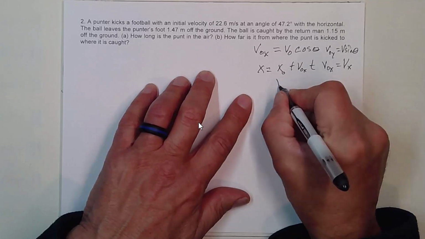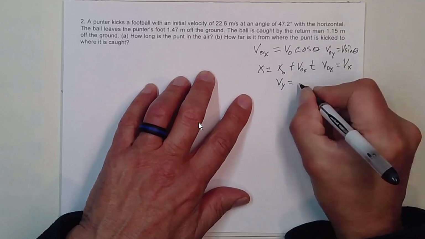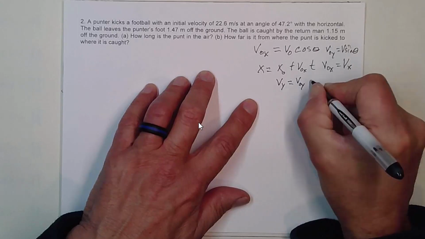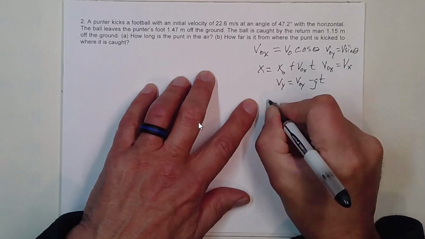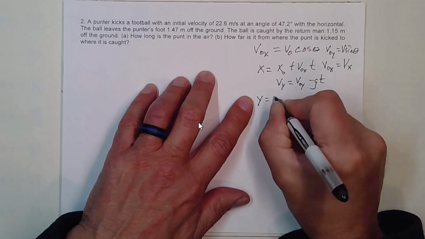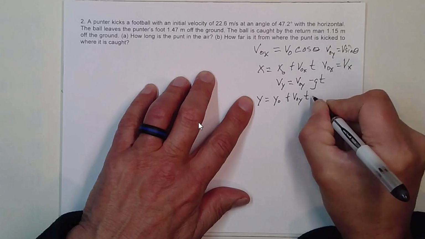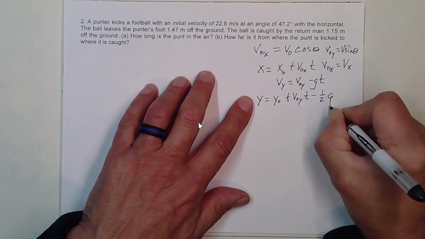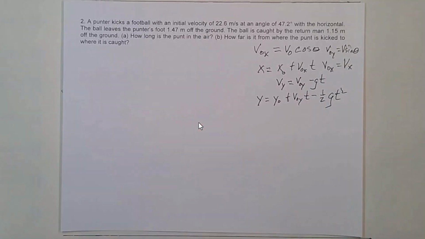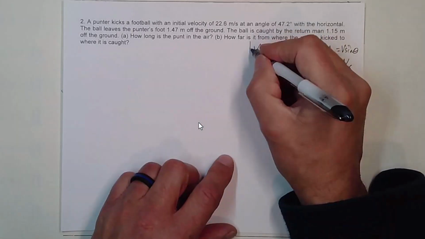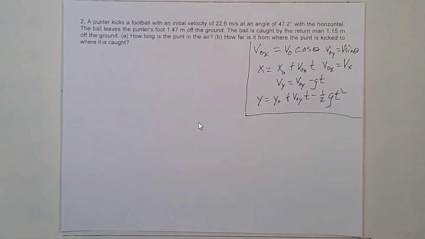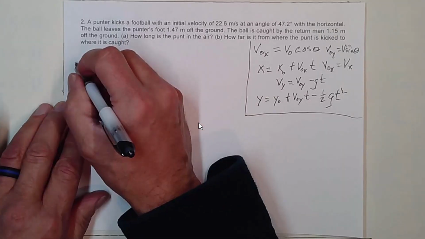V sub y will equal v naught y minus gt, and y will equal y naught plus v naught y t minus 1/2 g t squared. Okay, those are the general forms of the projectile motion equations, and our job is to apply them to this particular situation.